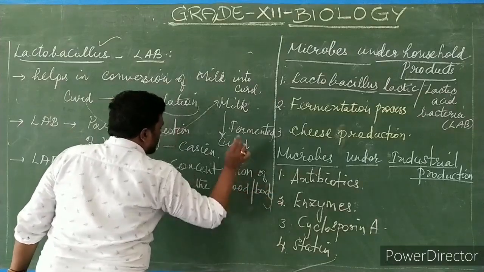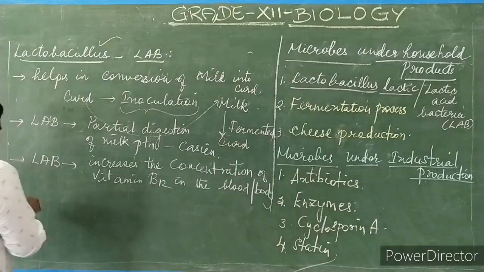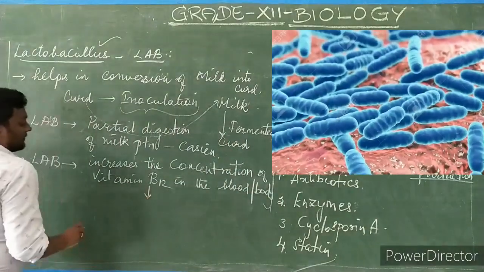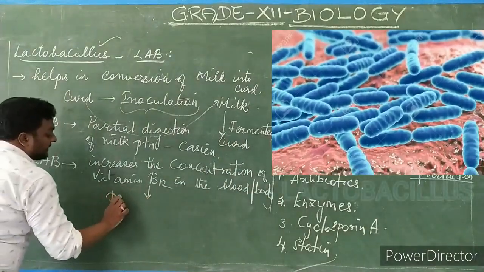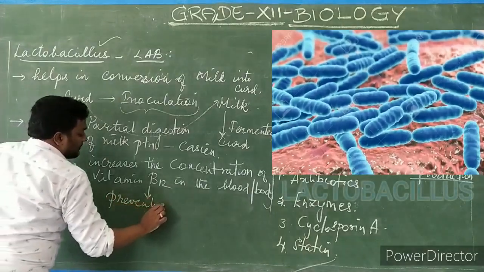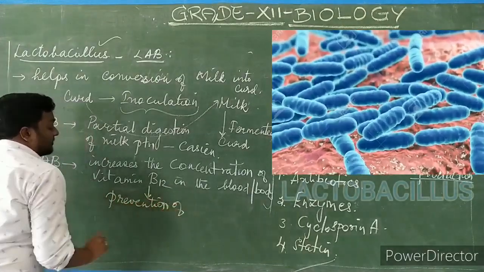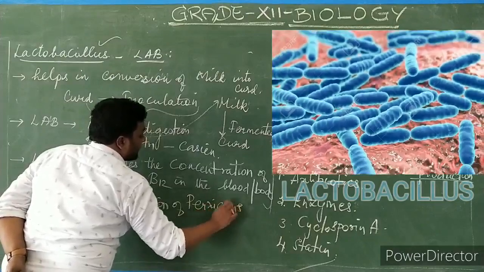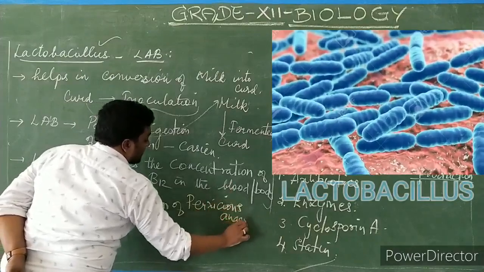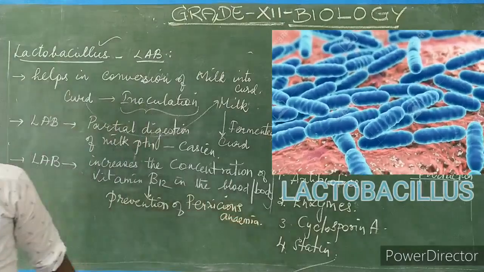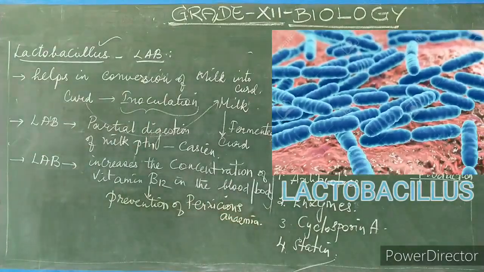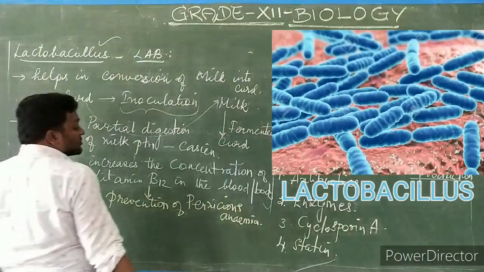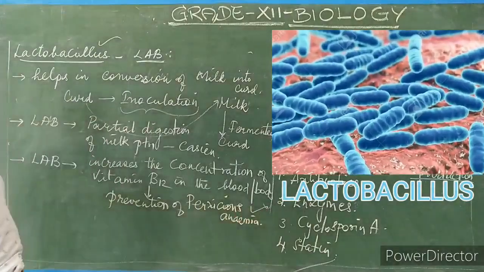When vitamin B12 is present, obviously it results in prevention of pernicious anemia, which occurs due to the depletion of RBCs. So it prevents pernicious anemia.